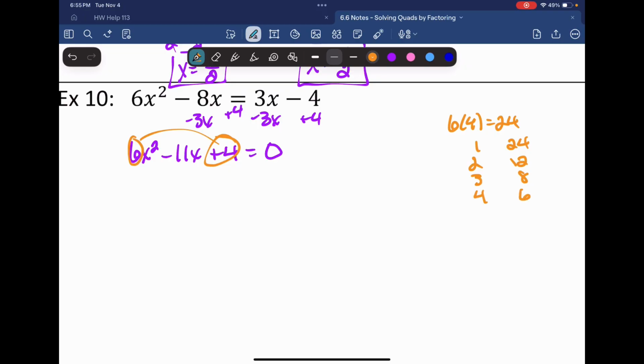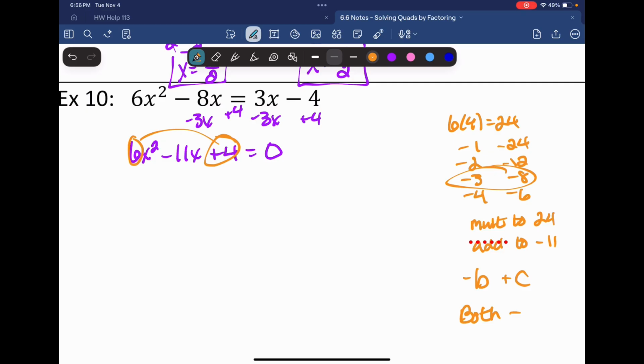It's got to multiply to 24, but add to negative 11. So it's negative b, positive c. This is both negative. Which factor pair adds to be negative 11? That's negative 3 and negative 8.